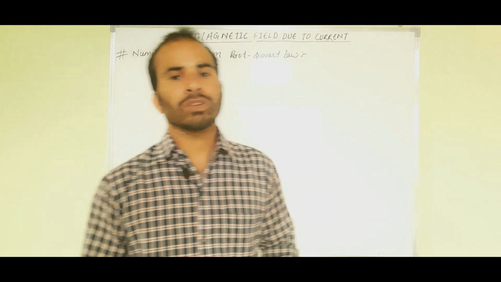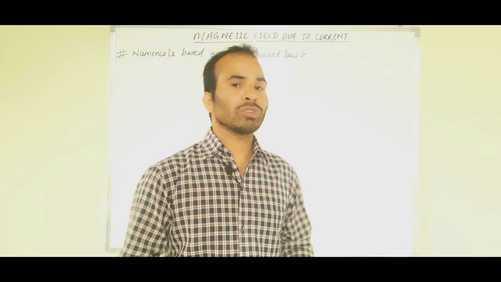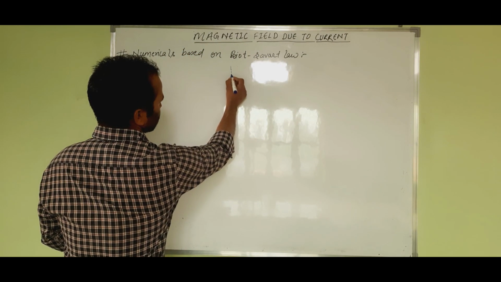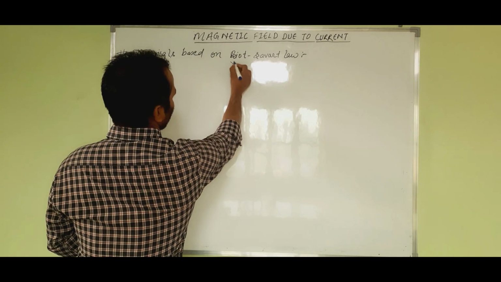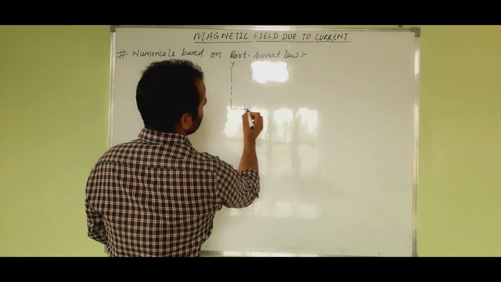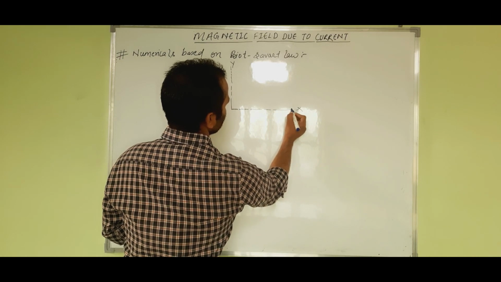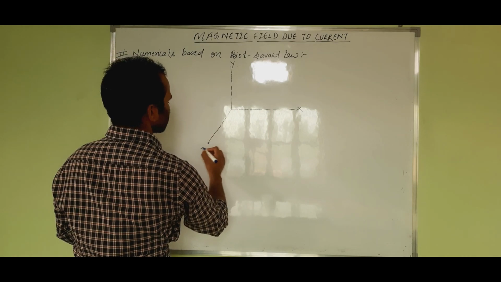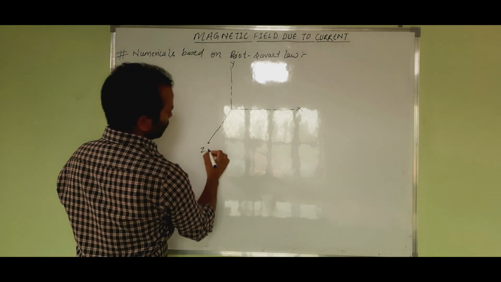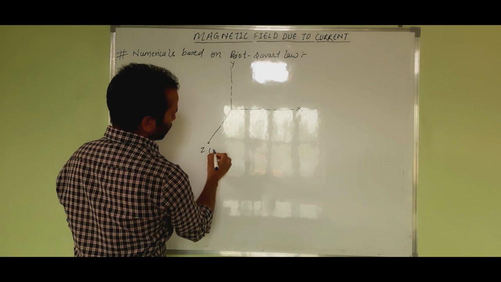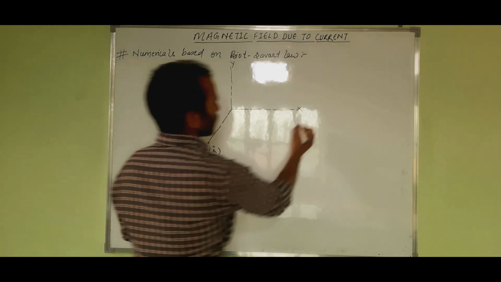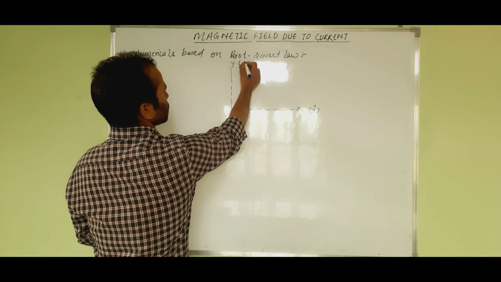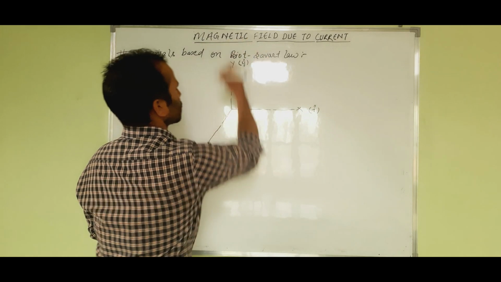Now the 8th question: we have to find the magnetic field from the wires bent in the form as shown. Suppose this is the y-axis, this is the positive x-axis, and this is the positive z-axis. Z is the k vector, this is the i unit vector, and this is the j unit vector.